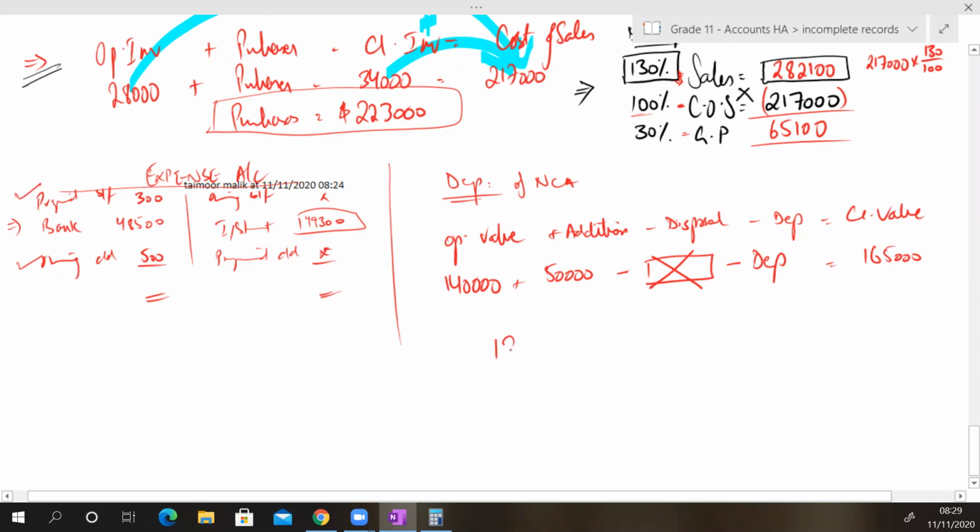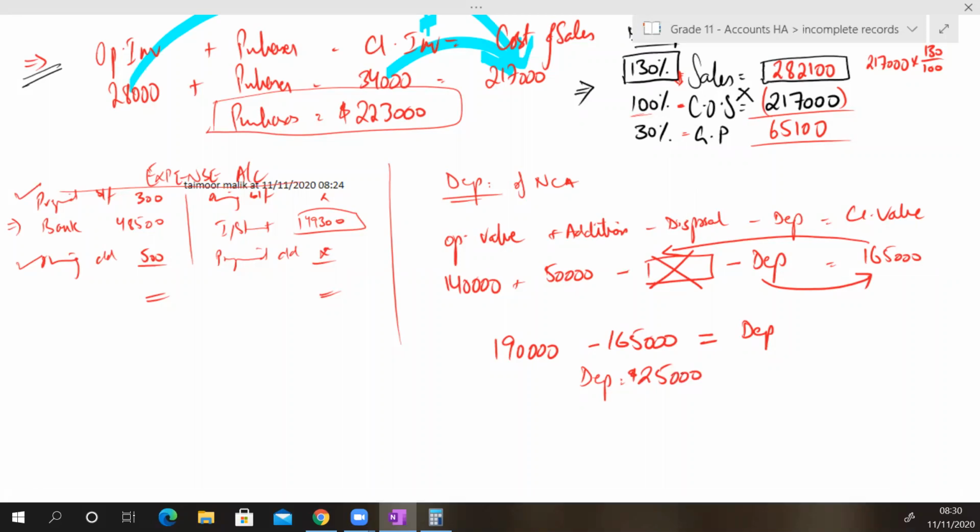So 190 minus 165 is equal to depreciation. मैंने क्या किया? इसको इधर शिफ्ट कर दिया, इसको इधर शिफ्ट कर दिया। ठीक है। So depreciation would be 25,000. ठीक है जी। So that's the value for depreciation.